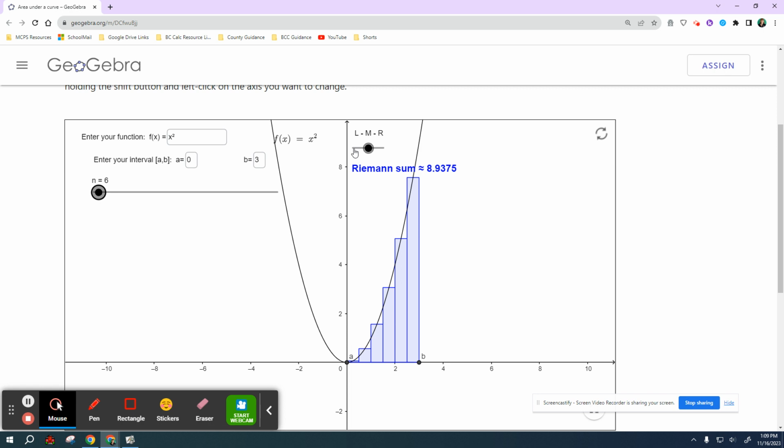Okay, so LRAM people, there are 6 rectangles. You only see 5 because the first one is just a flat line with 0 area. So I heard 6.875. Yes, that's correct.